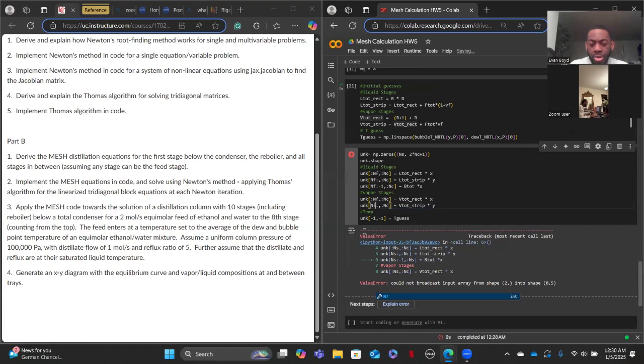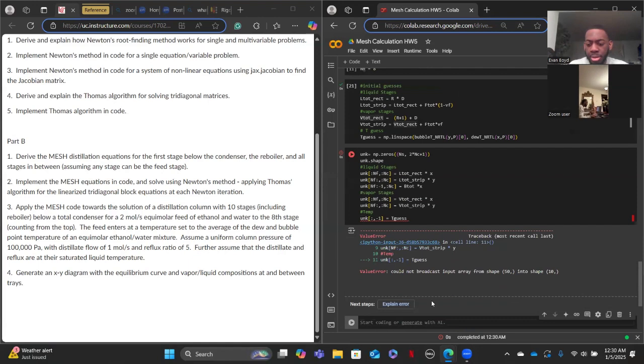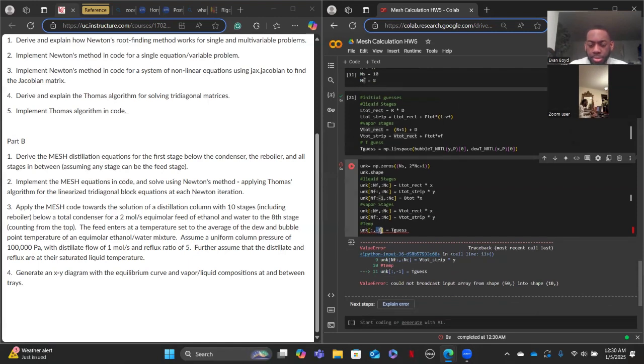Okay. And then this needs to be all the way to the end, which makes sense because our temperatures are our last intervals, and then it needs to be the last TS. So now this should work. Can I broadcast it array?